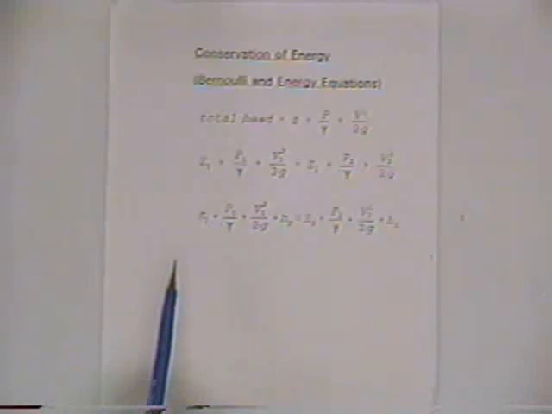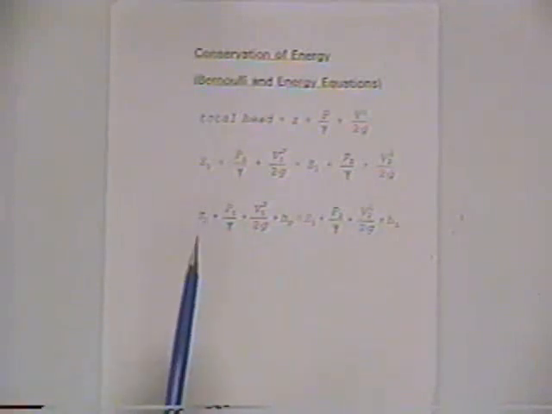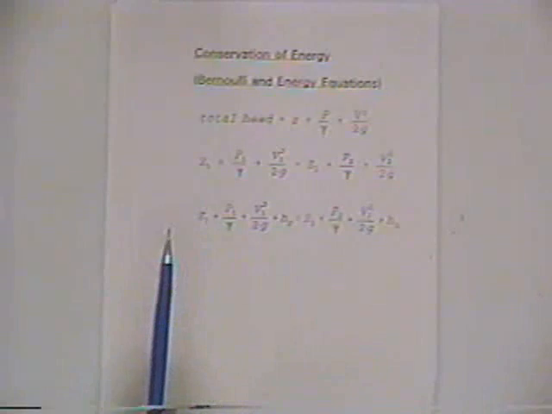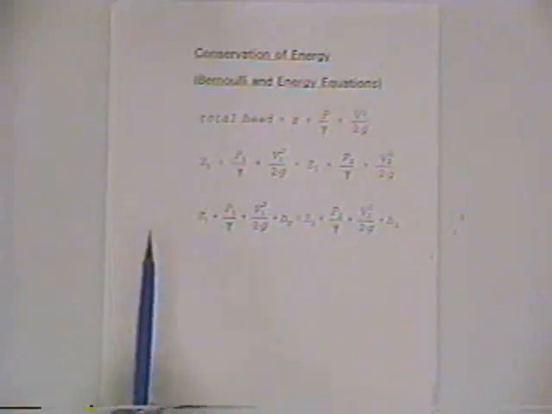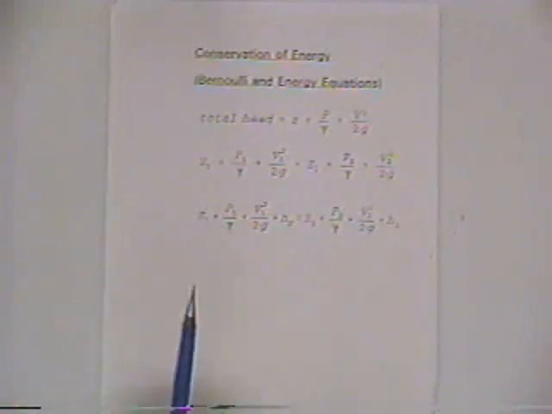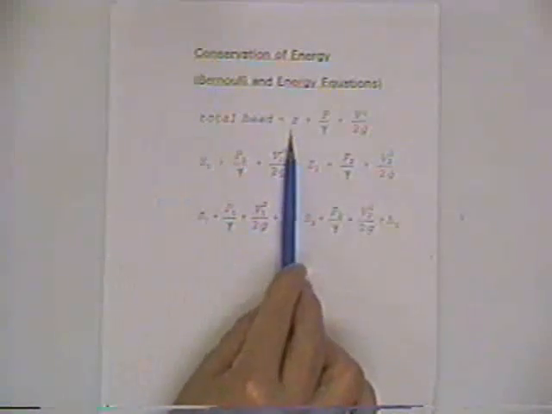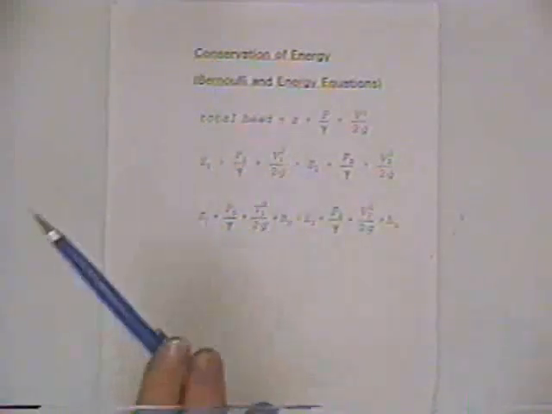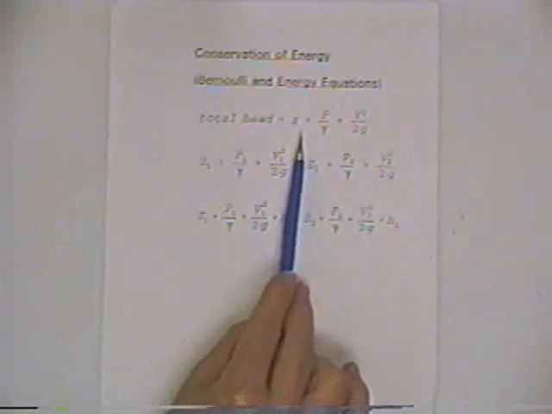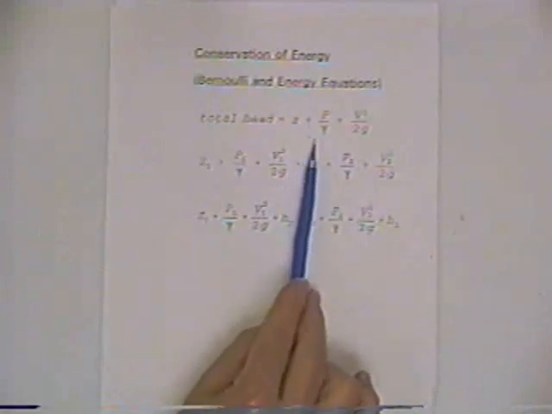Or in the English system, energy in foot-pounds, and then if you've got energy per unit weight, you've got foot-pounds of energy per pound of flowing fluid, and that gives you feet. And so the actual head comes out in units of meters or feet, and that's why that's quite convenient in applications. That's why we talk in terms of energy head.